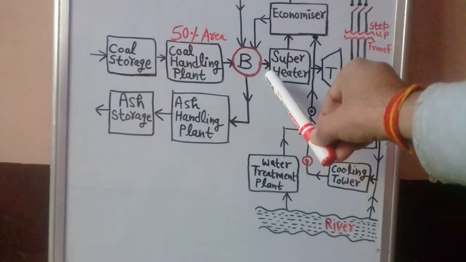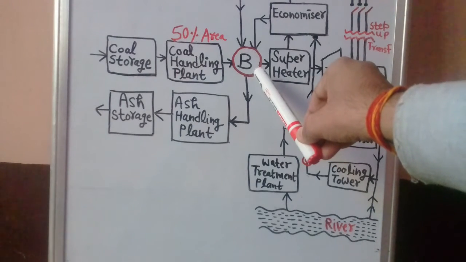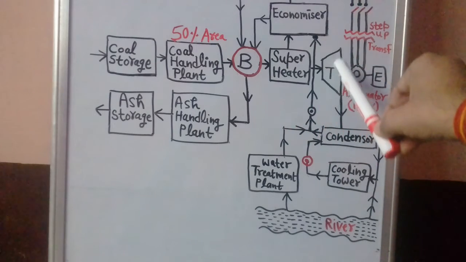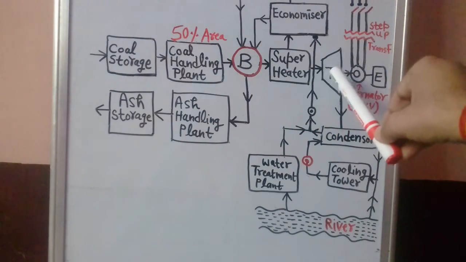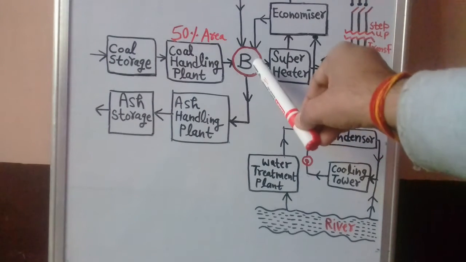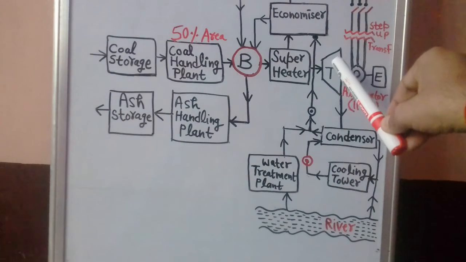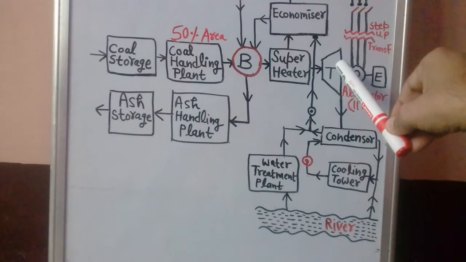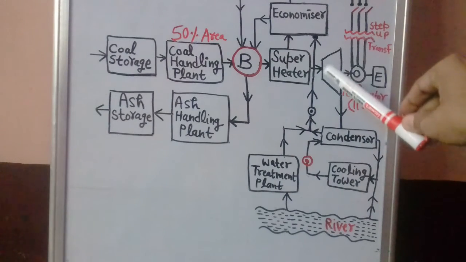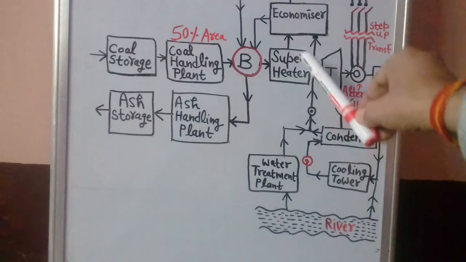If you directly allow this wet steam onto the turbine blades without passing it to the superheater, it will corrode the turbine blades, definitely, for sure. That means it is very much necessary to pass this steam into the superheater.